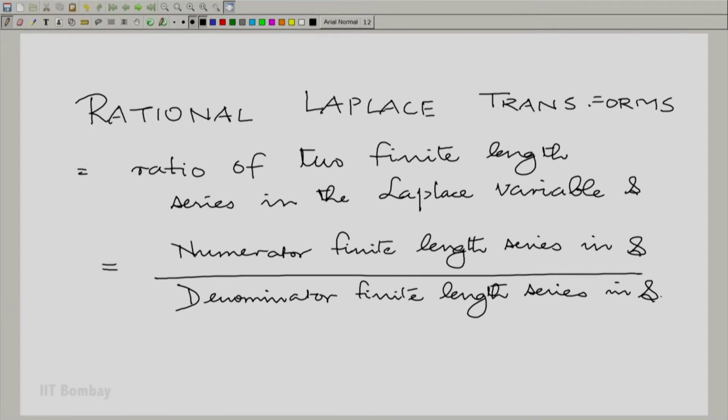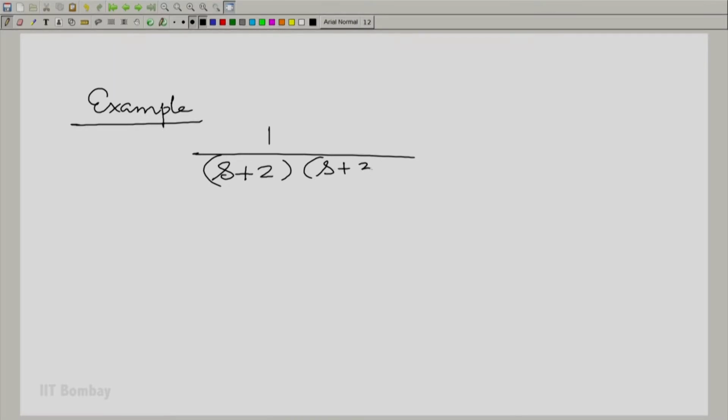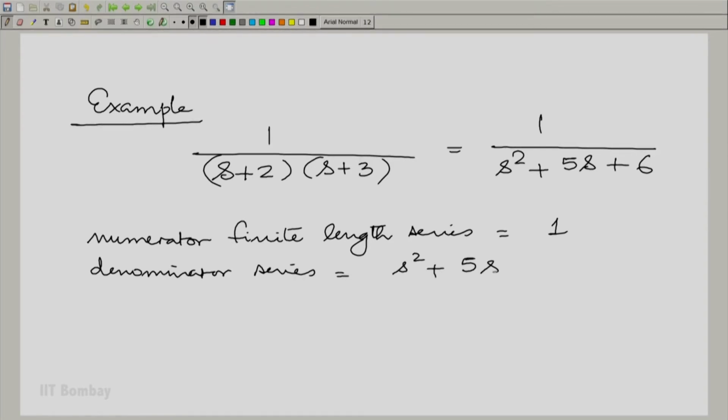Now, let us take an example. In fact, all the examples that we have been discussing all this while are really such rational Laplace transforms. So, for example, if we had something like 1 by S plus 2 into S plus 3, it would be expanded in the following way, in which case the numerator finite series is simply 1 and the denominator finite length series is S squared plus 5S plus 6.